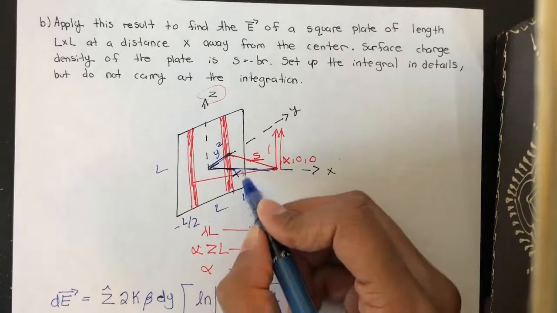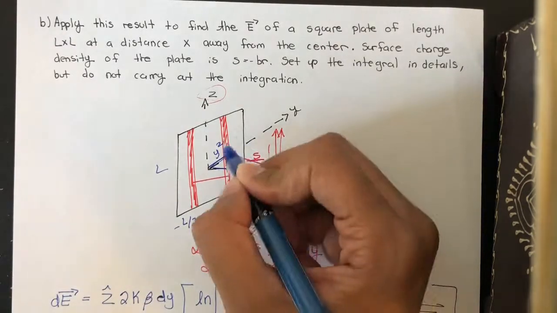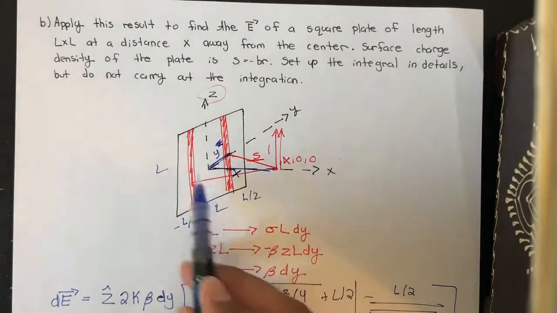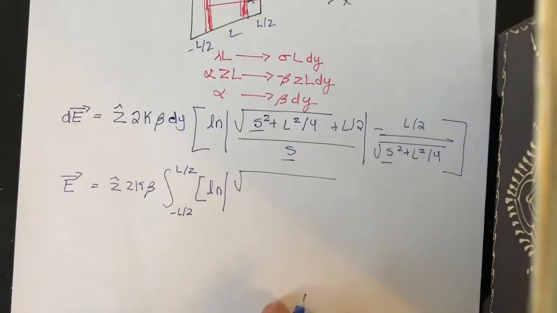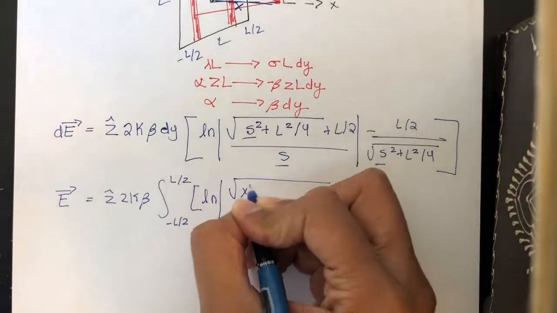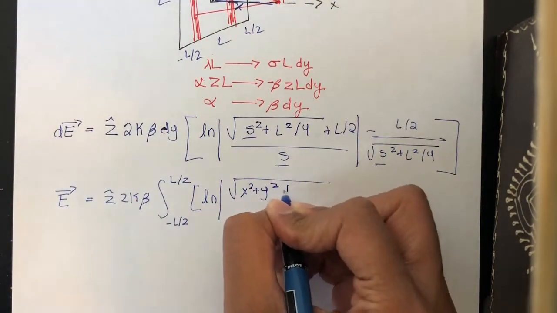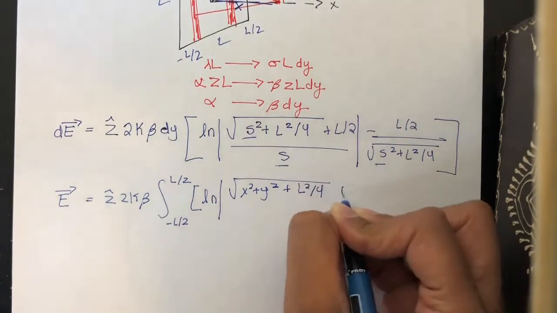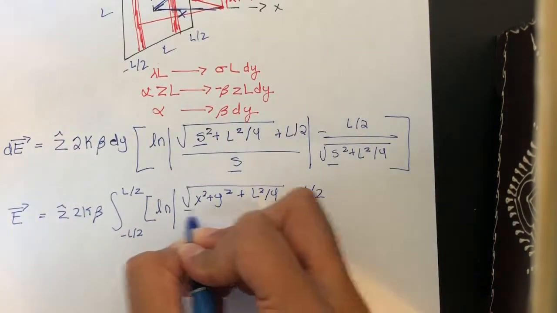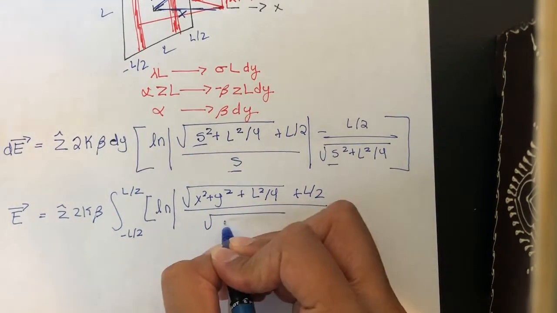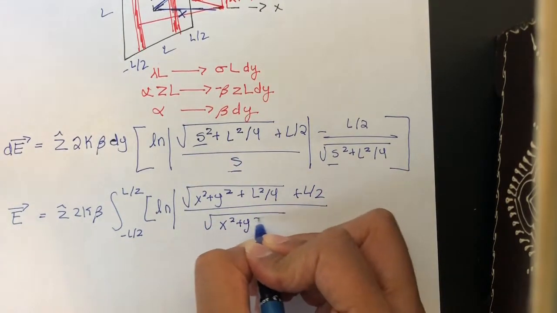S is the hypotenuse, so it'll be y squared plus x squared. So x squared plus y squared plus L squared over 4 plus L over 2 over x squared plus y squared.